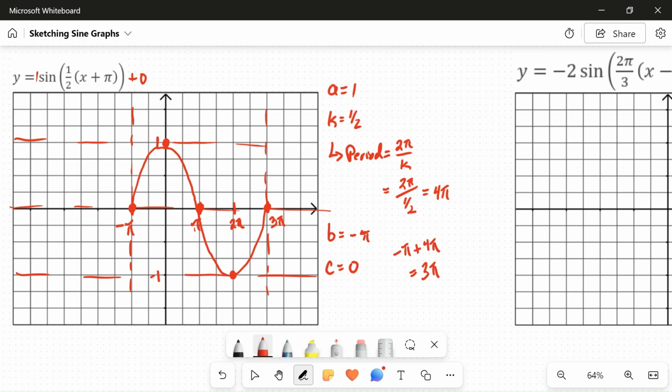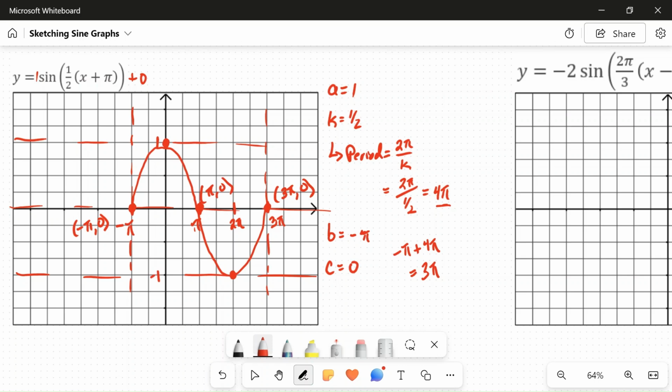My first point is negative pi, 0. The midline is 0, and we're shifted to the left by pi. The last point is 3 pi, 0, because we're not shifted up or down, and 3 pi is a distance of 4 pi from where we started. Right in the middle is pi, 0.